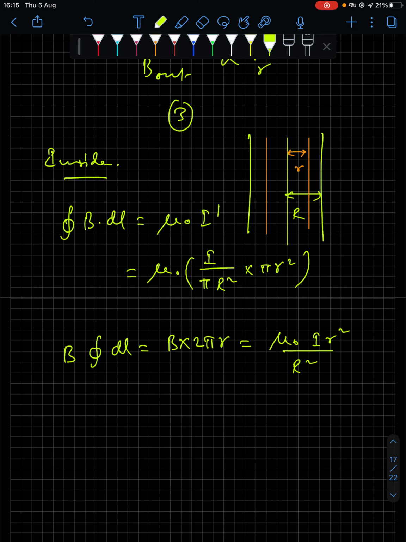Now what is the value of B? You see B is equal to mu naught I r divided by 2 pi R square, that is what you get.